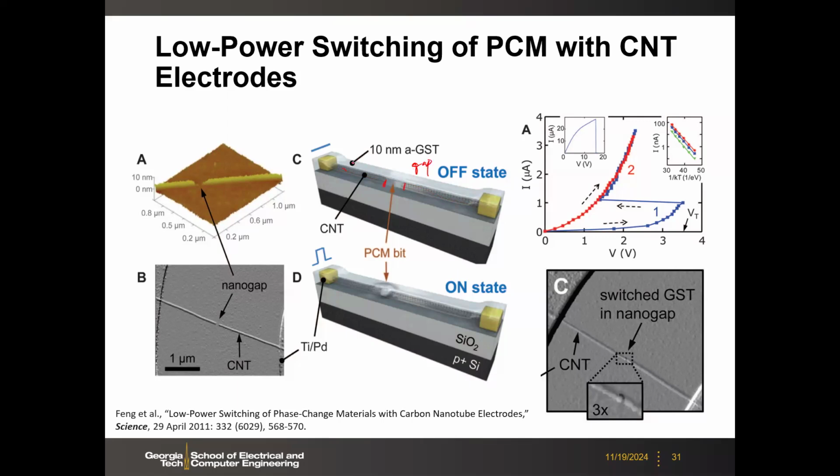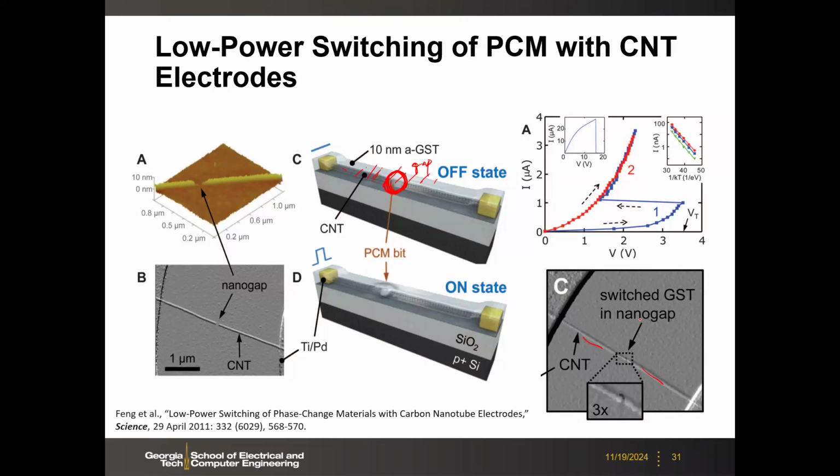Then you deposit the GST material over here, so basically you create a local GST gap. Because the carbon nanotube diameter is only like 1 nanometer, 1.5 nanometer or so, you get this nano gap. You have two electrodes, which are the carbon nanotube, and in the middle, within the gap, you have some GST material. So you get the ultimately scaled device.